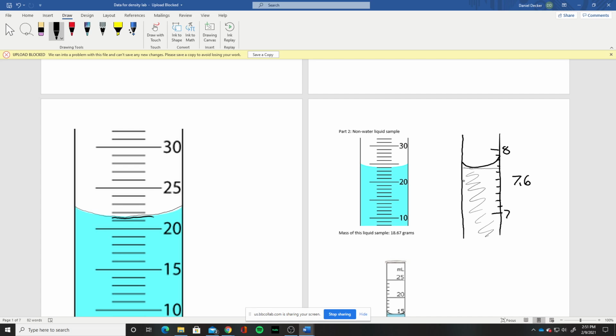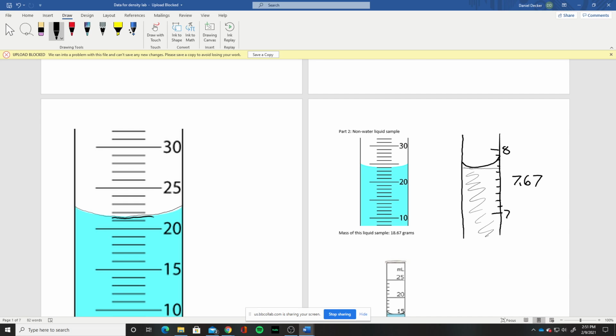So it is perfectly fine and legitimate and actually expected, and I am expecting you to do this as well, to estimate 1 digit past the markings. So if you have tenths marked, then you would estimate the hundredths place. So since I think this is a little bit past the halfway mark, I might say this is 7.67.